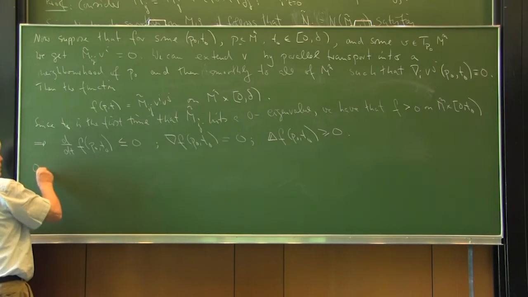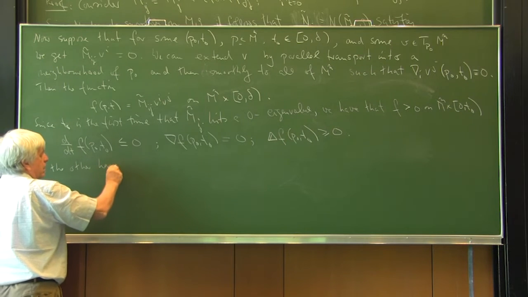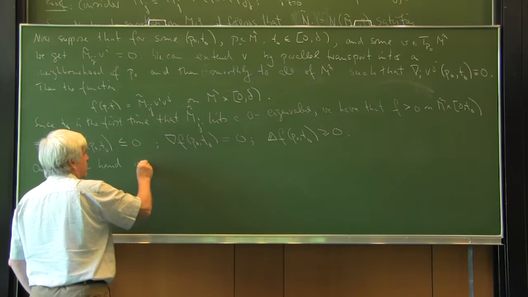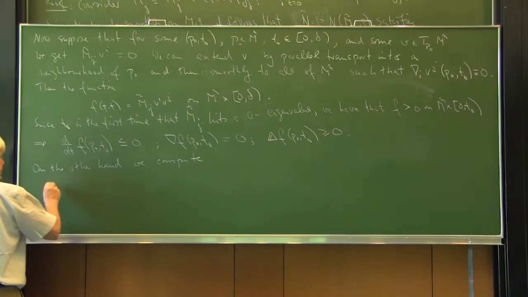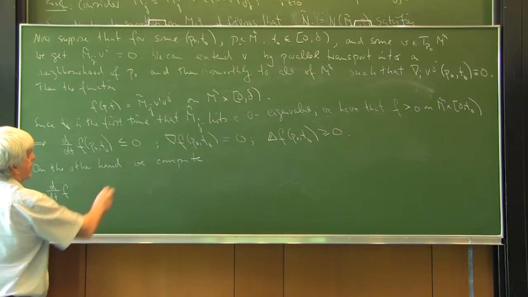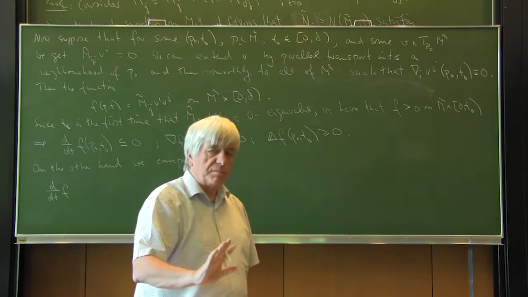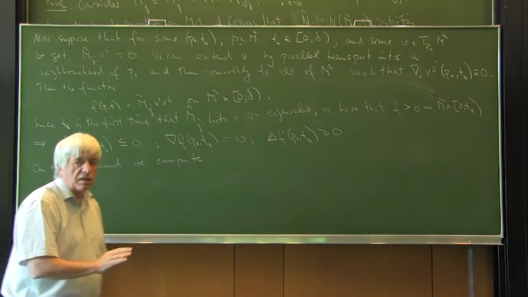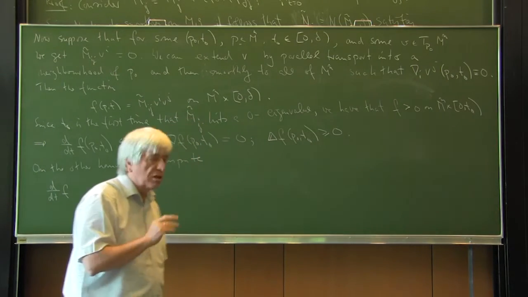So on the other hand, we compute ddt of f. Now, the vi, vj is only extended once at the time t0 as a constant in time vector field on the manifold.